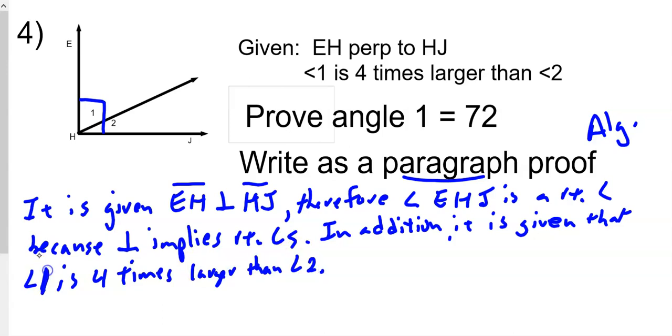Here's where the algebra is going to come into play. So if I take this and I say, okay, angle 1 is 4 times larger than angle 2, I can now call angle 2 x. Therefore, angle 1 would be 4x.